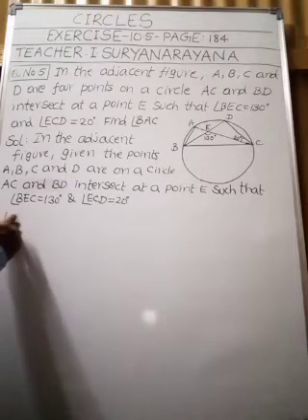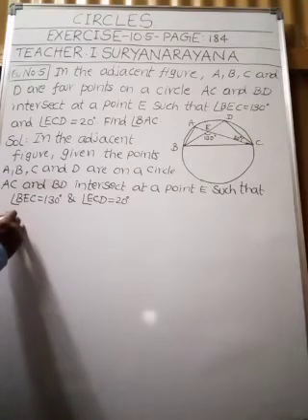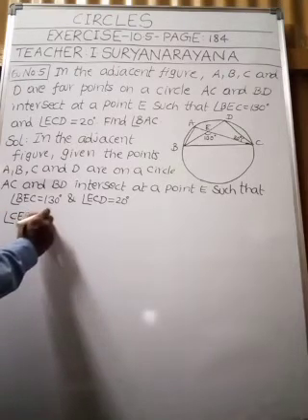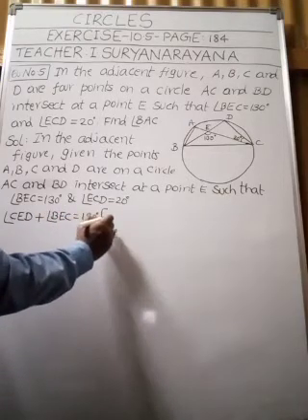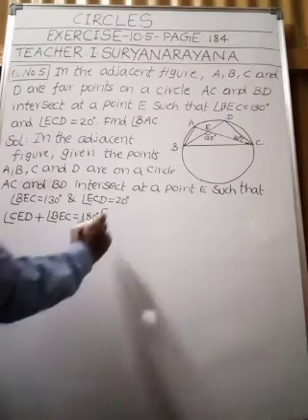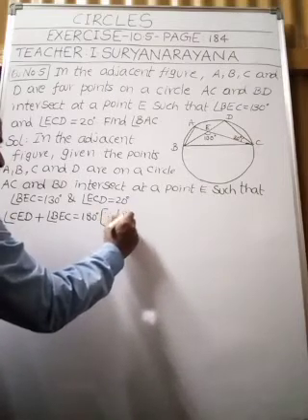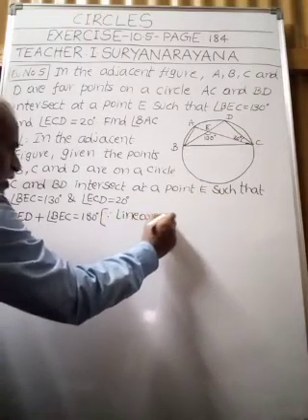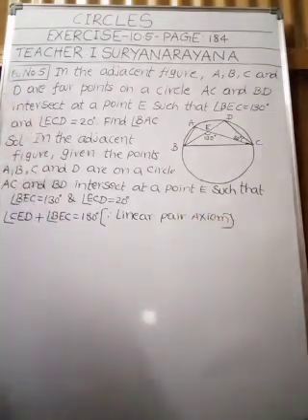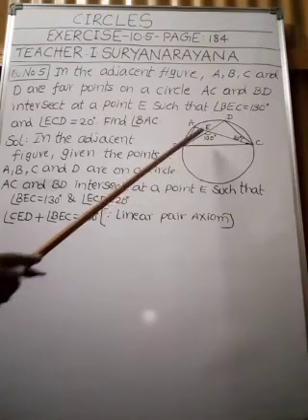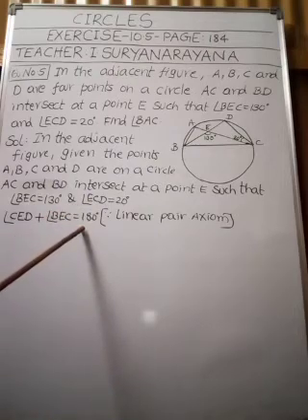Angle BEC plus angle CED is equal to 180 degrees, because of the linear pair axiom. By using the linear pair axiom, these two angles form a linear pair. That is why we wrote this step. Understood this step, my children?